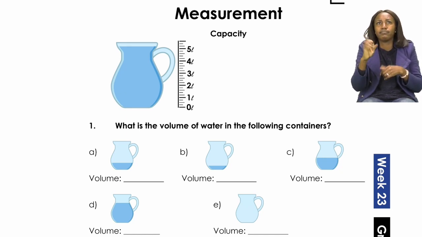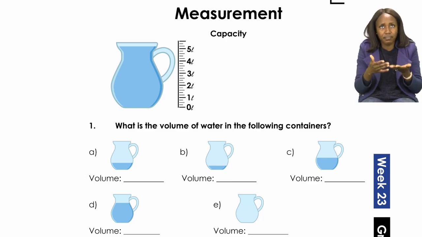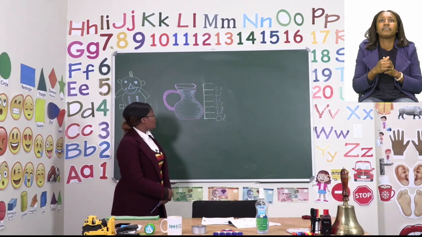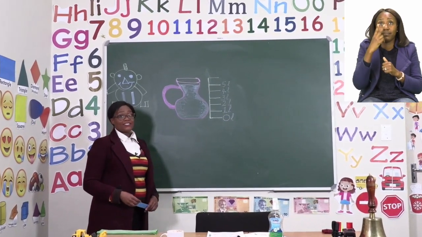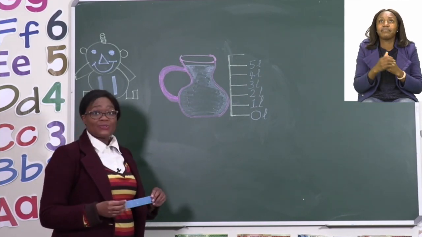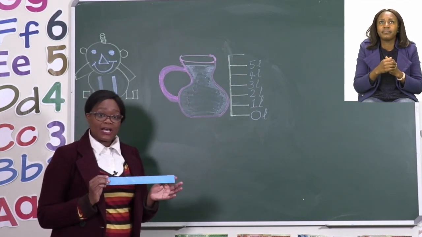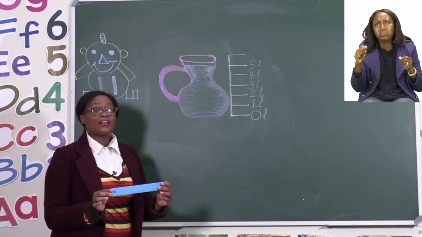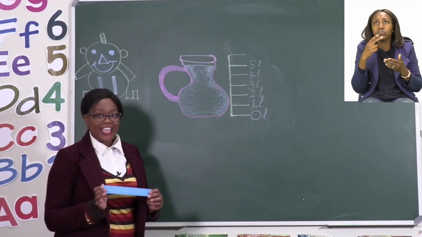To help you with that one, I want us to take a look at the board so that we know how to read. Now, on the board, I also have a jug with water. Now, if we're going to read that jug, we need a ruler. Not to really measure, but to look at where the volume of water ends.